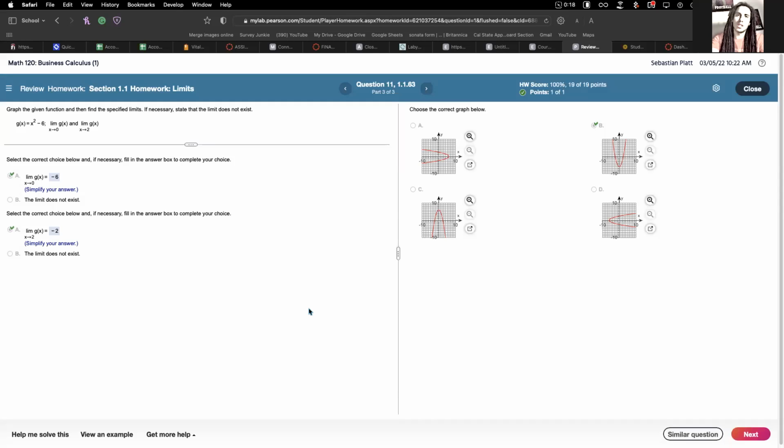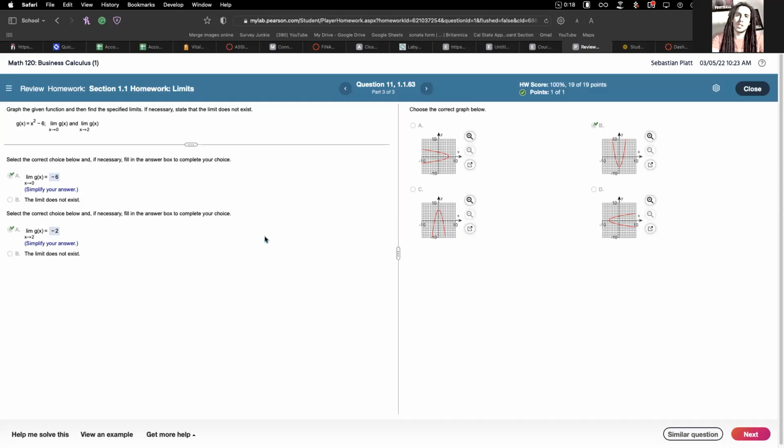So now, after you choose the correct graph, now we have to find the limits. So for this one, they want the limit as x approaches 0, and they want the limit as x approaches 2. And just like all the other problems we did before, this is pretty straightforward.